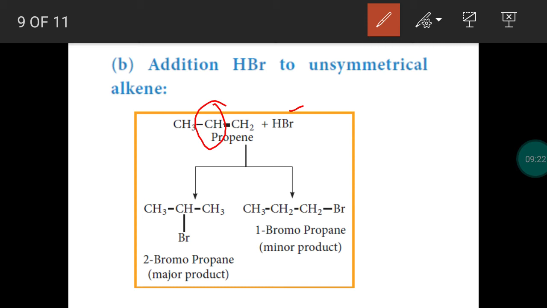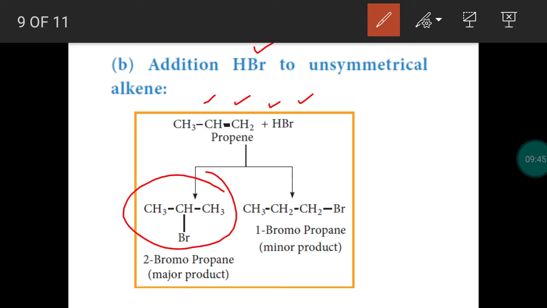This is called Markovnikov rule. So that we get this as a major product, 2-bromopropane. And if Markovnikov rule is not followed, we will get 1-bromopropane. So this is a minor product.